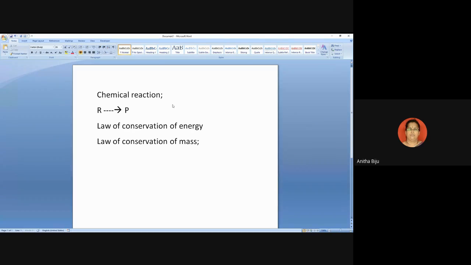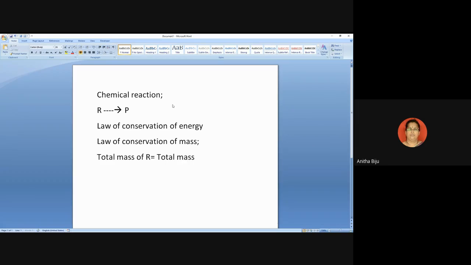Total mass of reactants is equal to total mass of the product. Total mass of reactants is equal to total mass of the product.